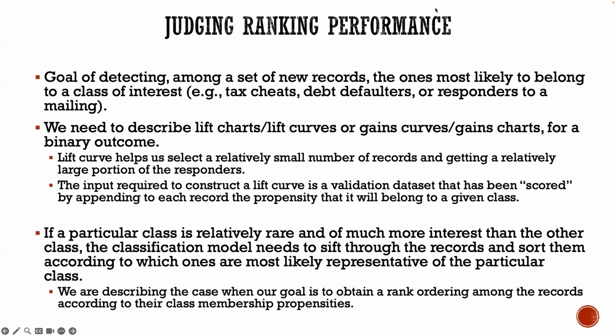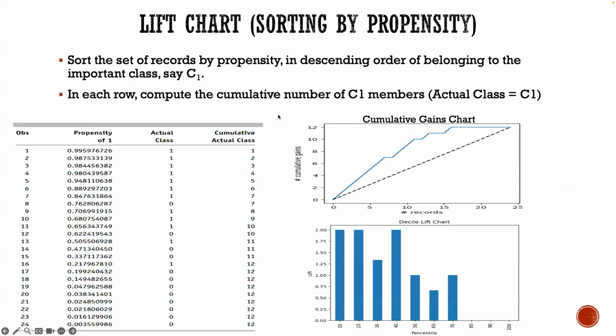So this ranking performance is we are trying to rank our predicted values in the validation set in terms of most likely, less likely in terms of getting a sales offer, and things like that. So that's classification versus predictive performance versus ranking performance. So it's the same idea, except that we are using lift chart in this case for ranking our predicted values belonging to a certain class.